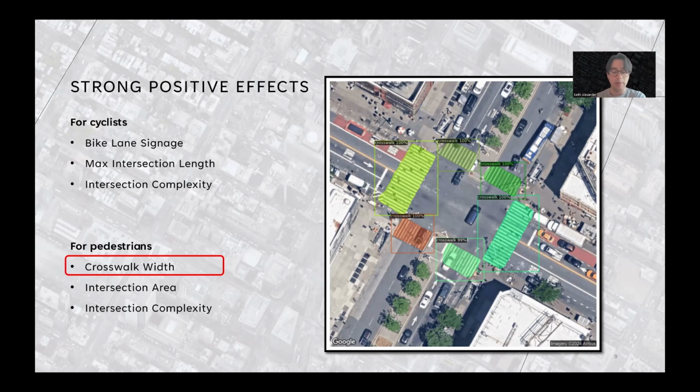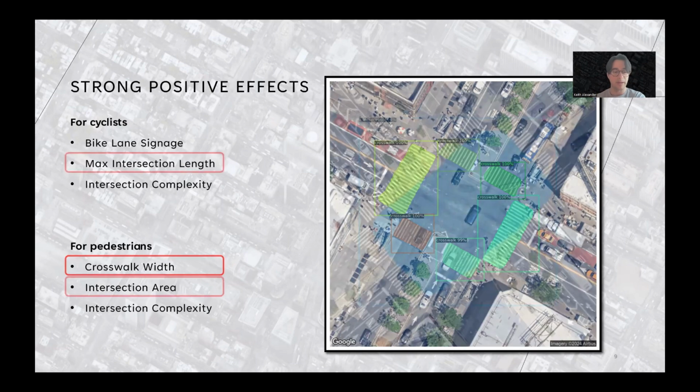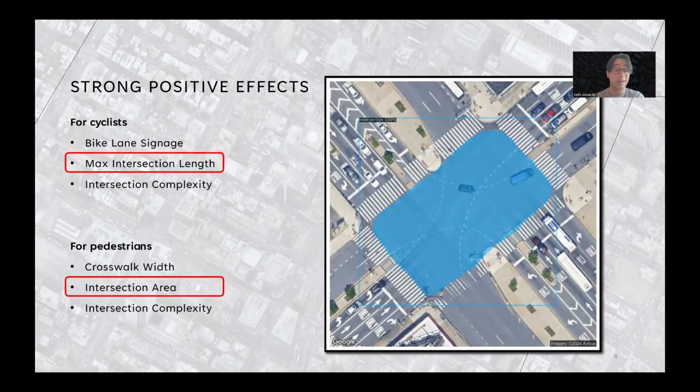However, there are some more intuitive or straightforward findings in the positive effects. Specifically, I'm talking about intersection length and area. What this means basically is that larger intersections, or intersections with very long widths to traverse, have higher rates of collisions for both cyclists and pedestrians.